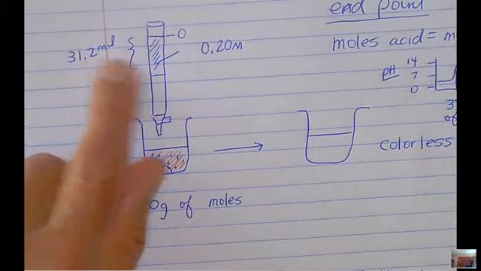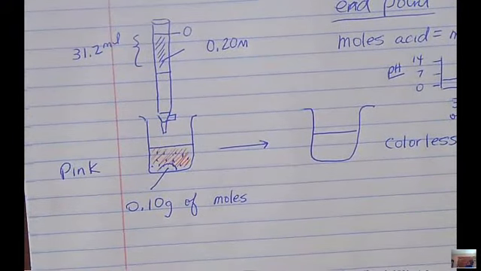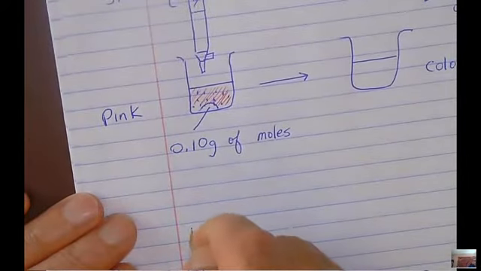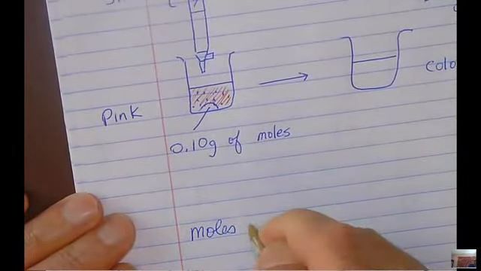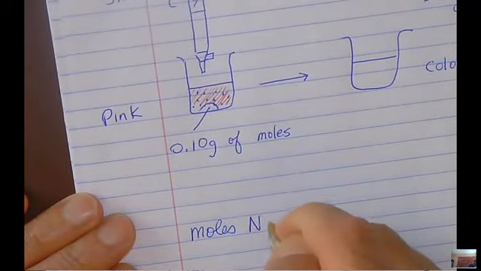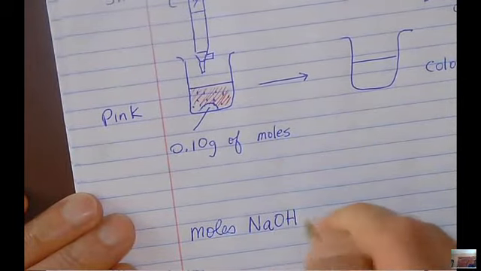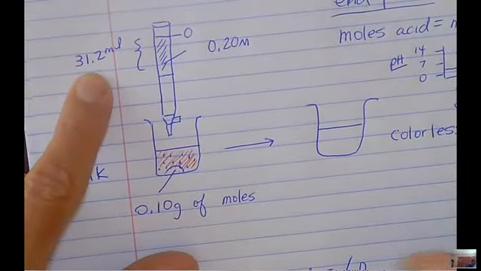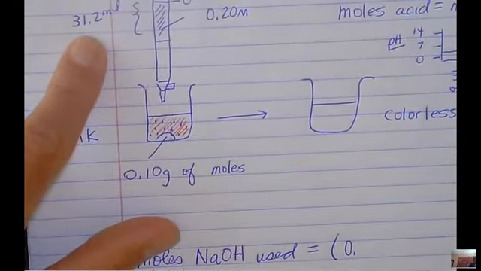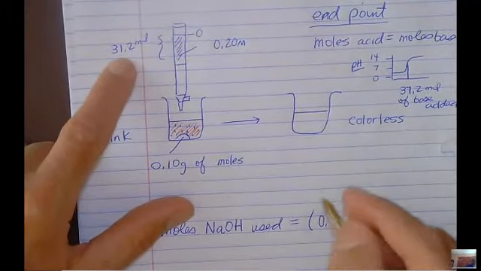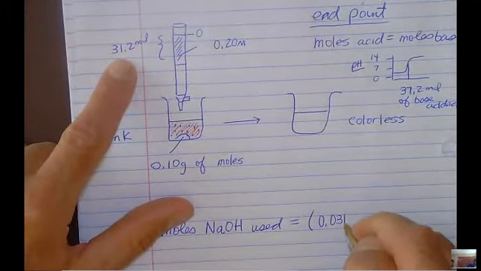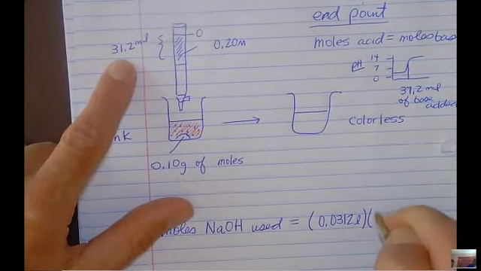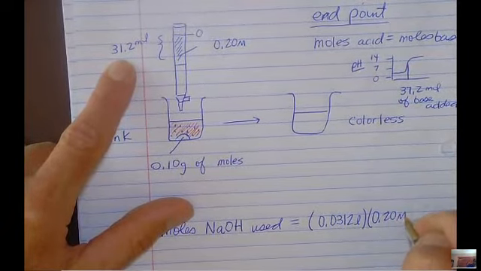So I have the molarity and the volume of something. Anytime I have molarity and volume, what can I do? I can multiply them to get moles. So the moles of NaOH used is going to be the liters. This has got to get changed to liters. What is 31.2? If I express it in liters, 0.0312 liters times 0.20 molar.